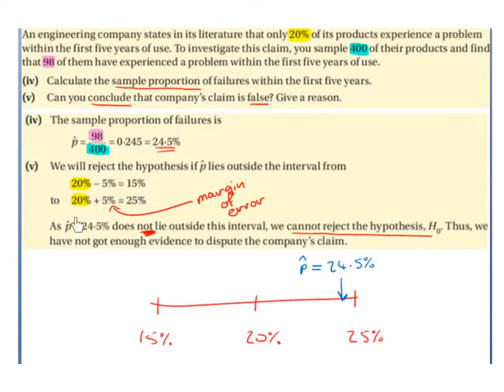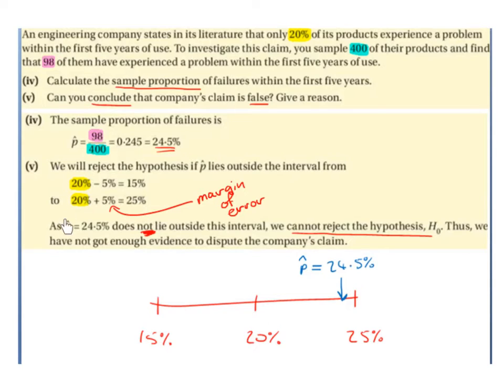As p hat is 24.5%, which we got in part 4, and it does not lie outside this interval, so it lies in between 15 and 25, we cannot reject the hypothesis H0. Thus, we have not got enough evidence to dispute the company's claim.